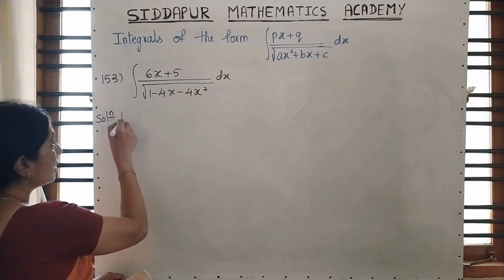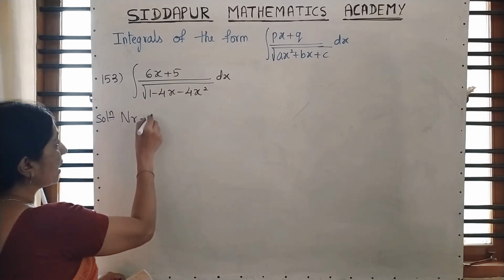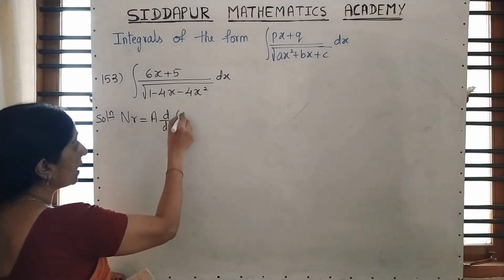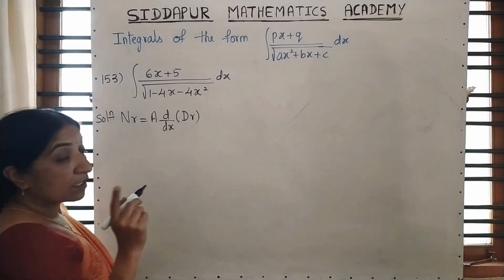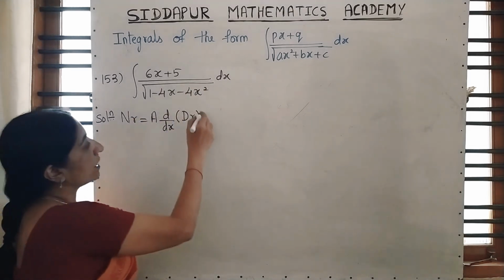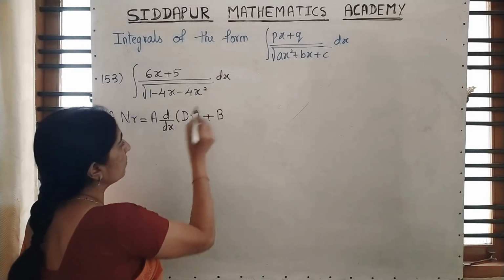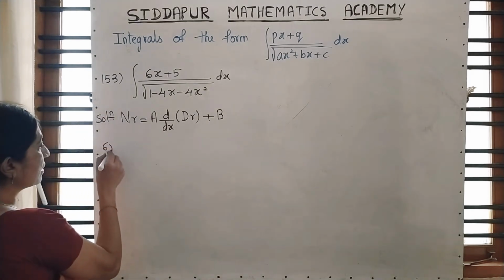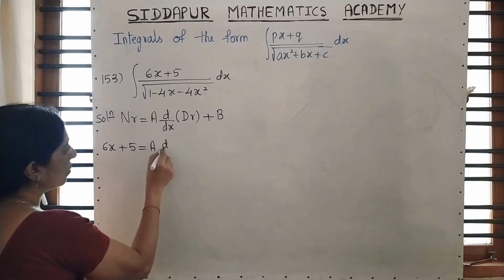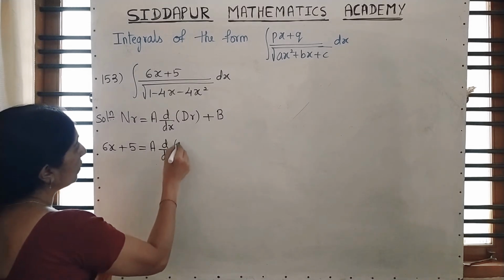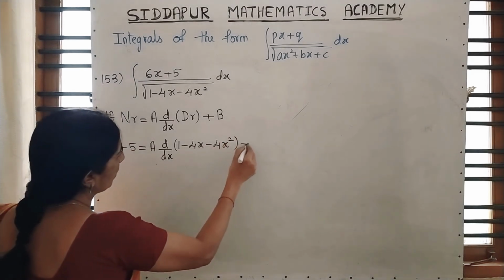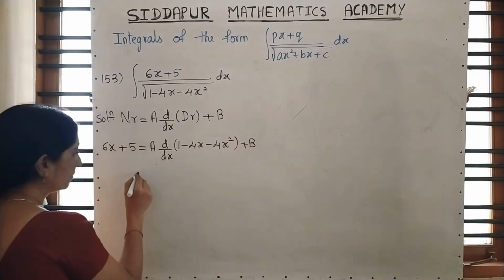The method is numerator is equal to a into differentiation of denominator plus b. Please note down, students, when you are writing the denominator, don't write the square root. You have to write the inside term. See, numerator 6x plus 5 is equal to a into differentiation of (1 minus 4x minus 4x square) plus b.